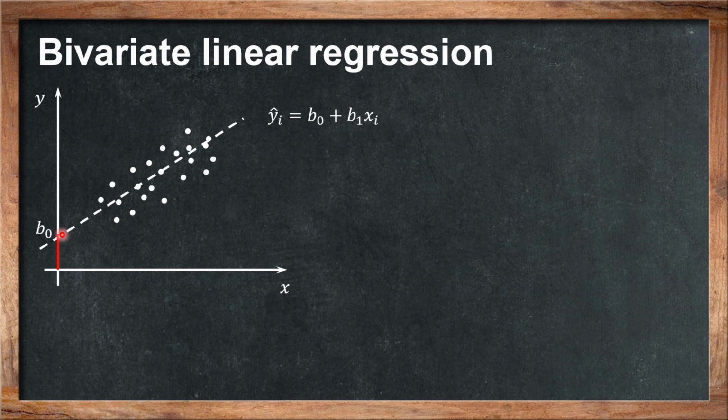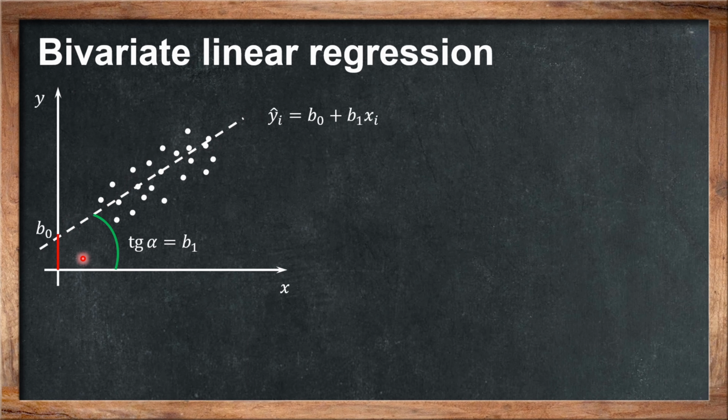If we look at the parameters geometrically, b0 is the intersection of the regression line, this linear function, and the y-axis, whereas b1 is the tangent of the angle between the regression line and the x-axis.